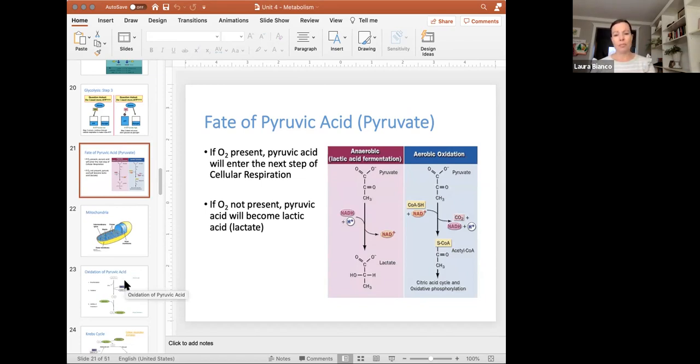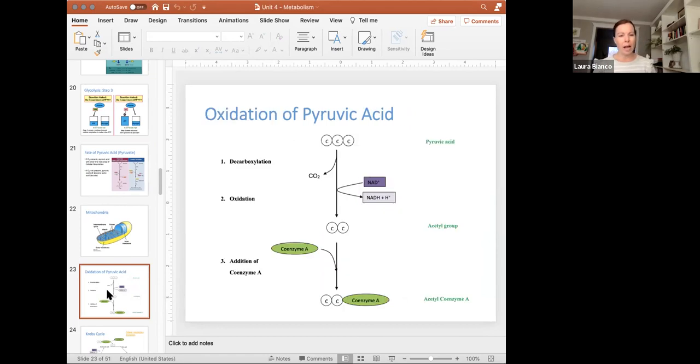So if oxygen is not present, then the process can't continue, and pyruvic acid actually is converted to lactic acid. But if there is oxygen present, and usually there is, then pyruvic acid can continue on to the next step, which is called the oxidation of pyruvic acid.